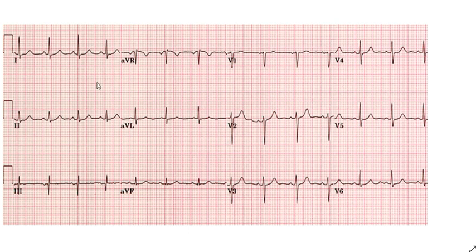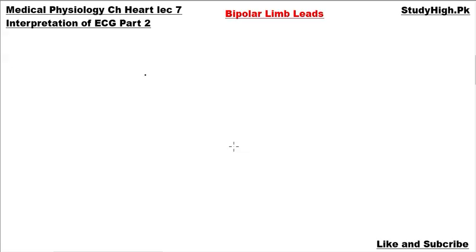In this lecture you will understand why in some leads the voltage is very high, as you can see in V2, why it is inverted in some leads, why it remains in the positive direction in some leads of the same cardiac muscle, and how these leads are involved in measuring the action potential around our heart muscles. So let's start today's lecture, bipolar limb leads.